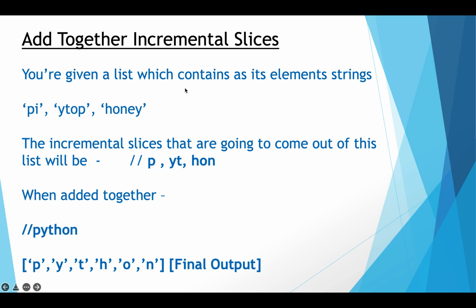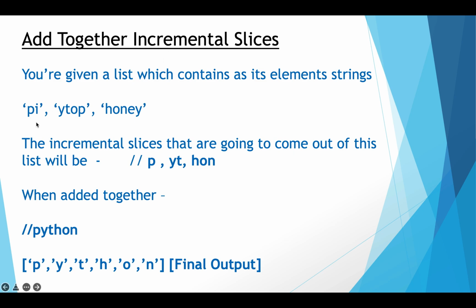You are given a list which contains strings as its elements. All you need to do is find the incremental slices from each of the elements of this list, put all those slices together to form a string, and then create a list of individual elements from this string.